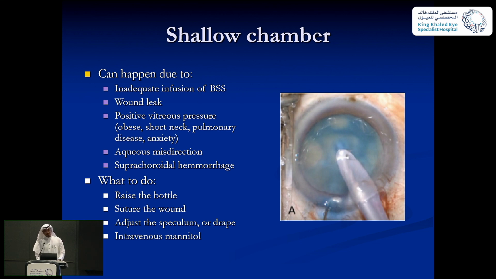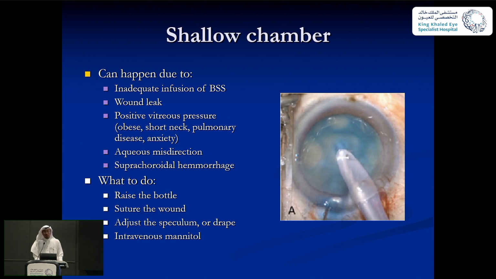This can be due to many reasons, and among them is inadequate infusion of the BSS. So we have to make sure that the bottle height is good, that it is not low. And it might be due to wound leak, especially if the wound is larger than the phaco probe, for example.